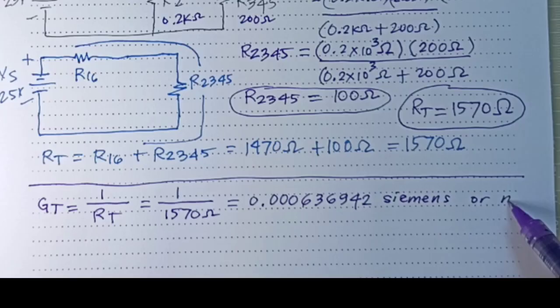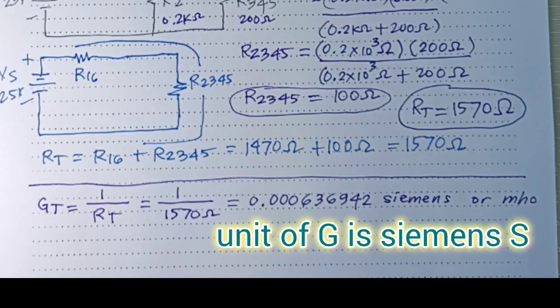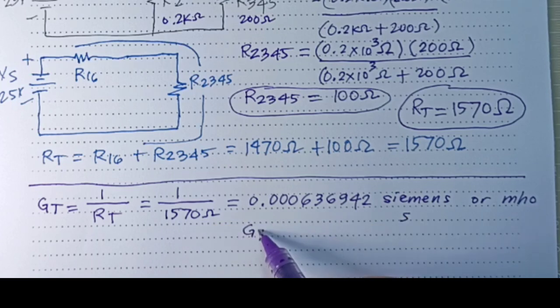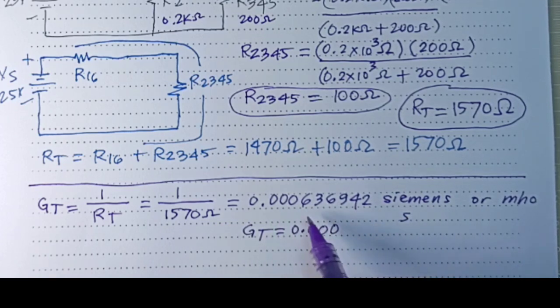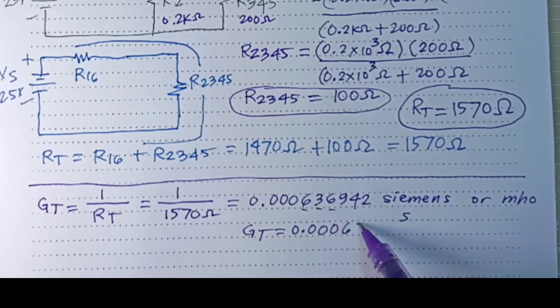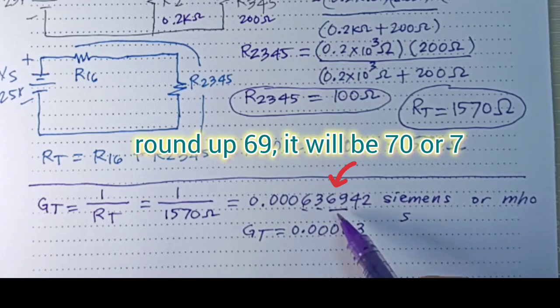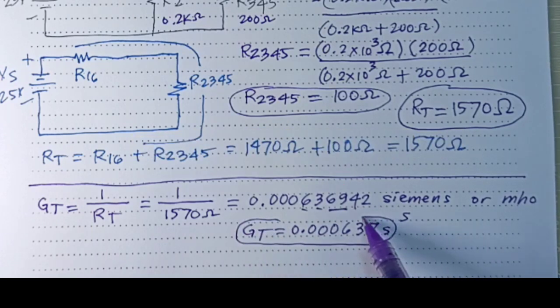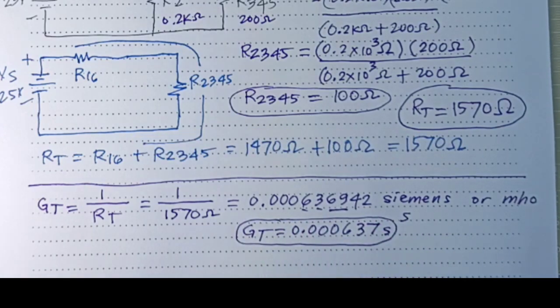We can say mho, but we will just use Siemens, letter S. For the total conductance, we can just take 6 decimal places, and because the next digit is 69, we can round it up to 0.000637 S, and this will be our GT, the total conductance.